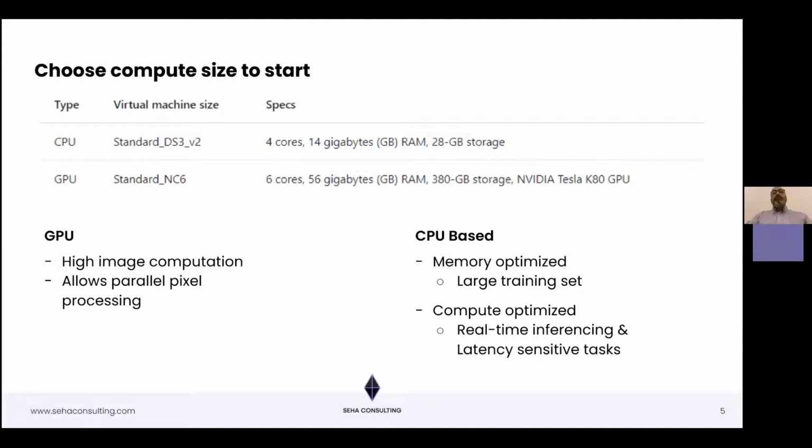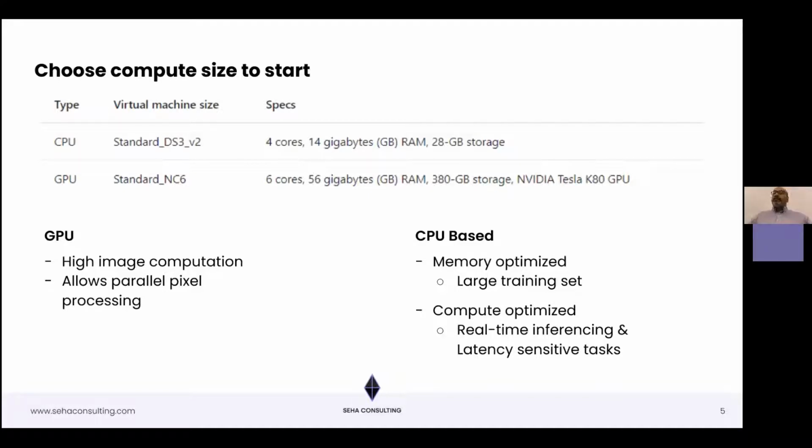On the other hand, within CPU-based, Microsoft gives you different options around memory optimized, which basically just means compared to the compute, the memory is larger. And the larger memory is better for large training data sets.